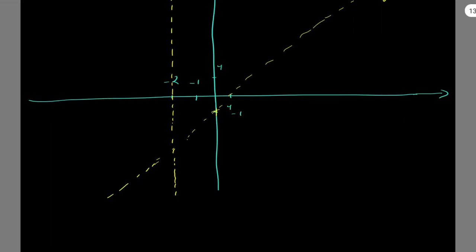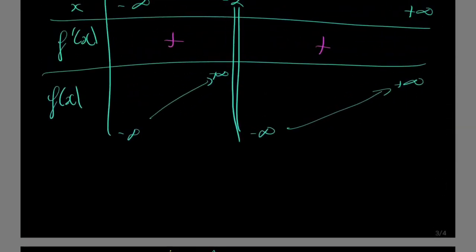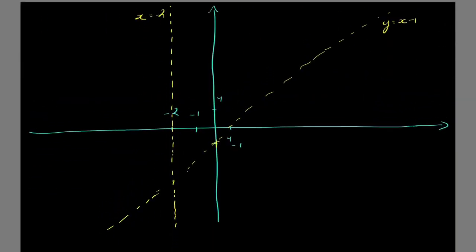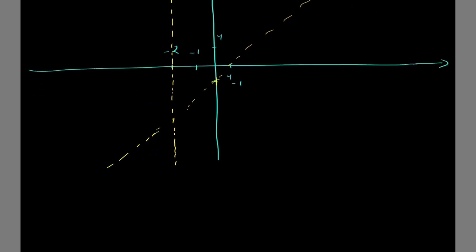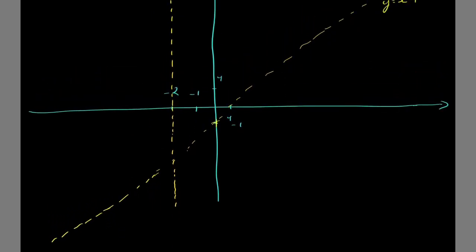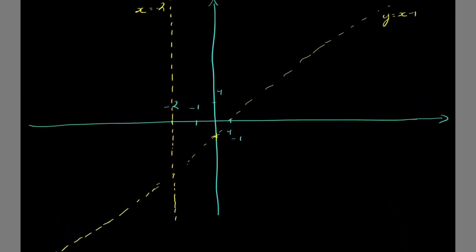Now we know that we go from minus infinity to plus infinity, going near the slant asymptote in minus infinity and to the vertical asymptote in minus 2 minus.